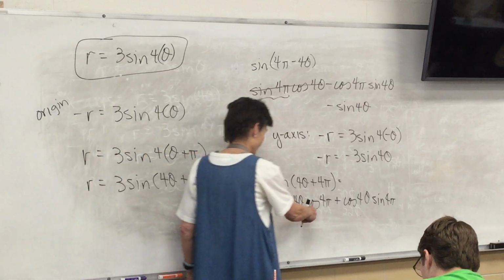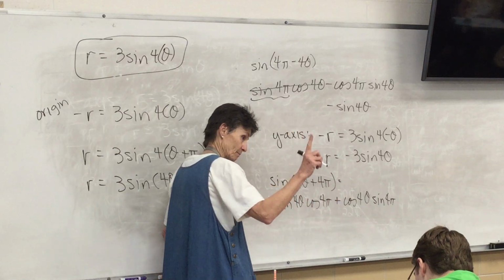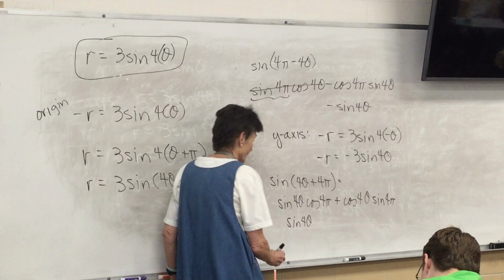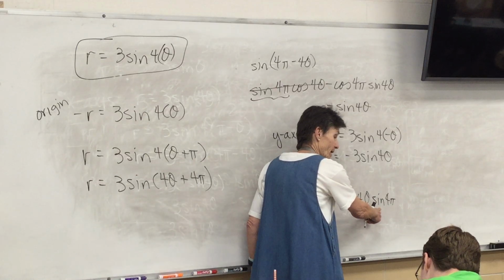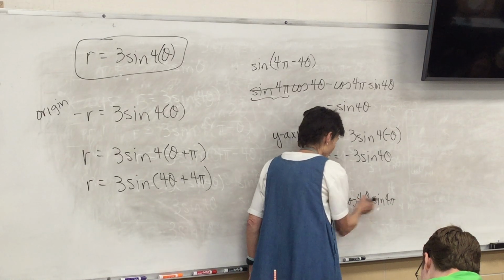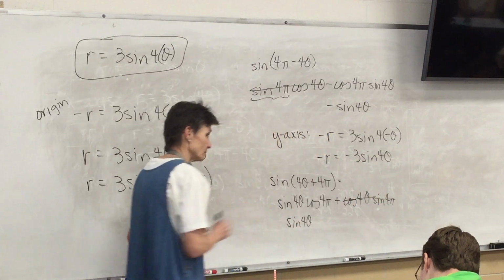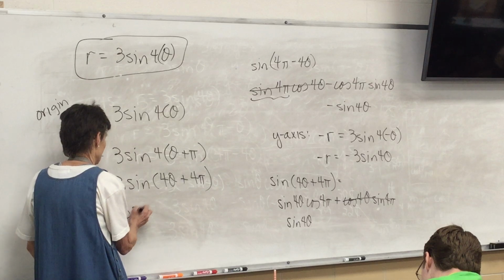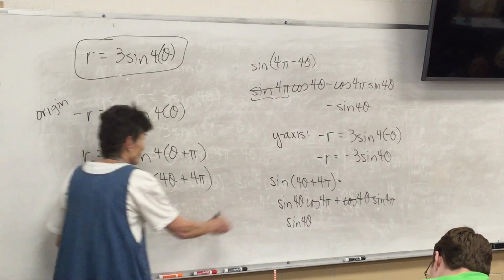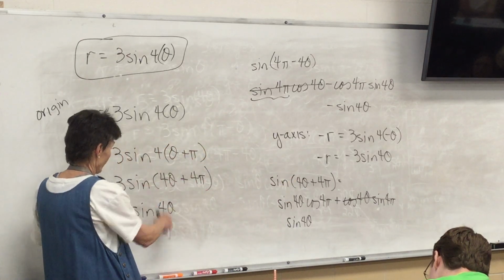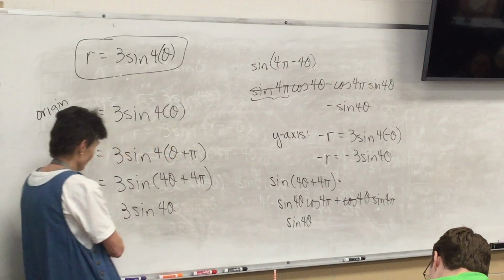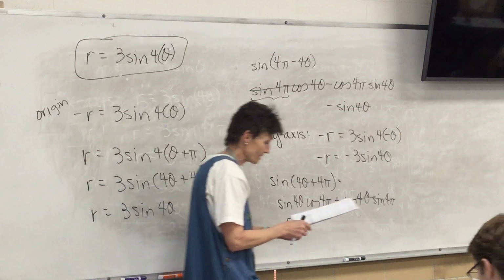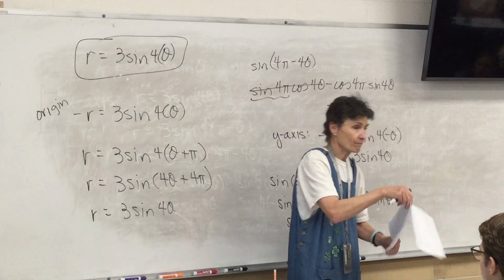So the cosine of 4 pi is 1, so this is sine 4 theta. But the sine of 4 pi is 0, so that's 0. 0 times anything is 0. So all this right here boiled down to just sine 4 theta, and lo and behold, they match. So we have symmetry to everything.